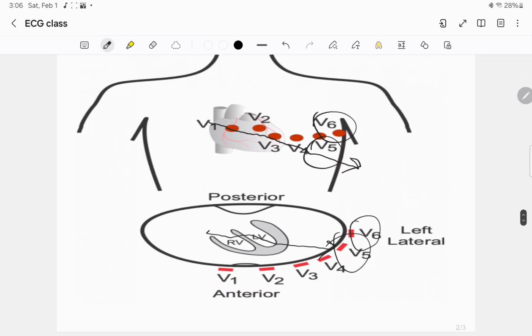So in a stepwise fashion, as we go from right to left with these leads, we should be getting a gradually more positive vector. So if that's what's happening, we're expecting that this heart is having pretty normal conduction, pretty normal progression of the mean electrical vector across the heart.